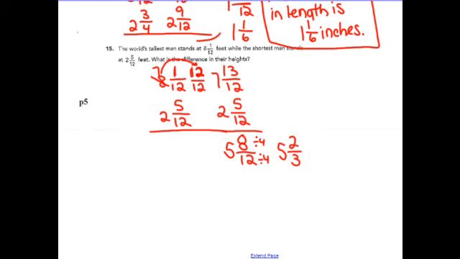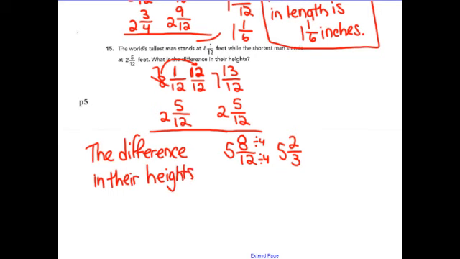The difference in their heights, the tallest man from the shortest man, the difference in their heights is 5 2/3 feet.